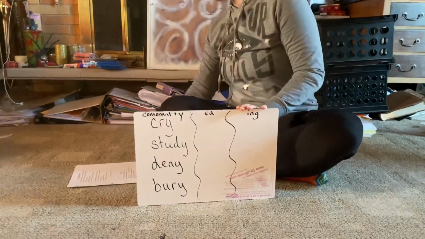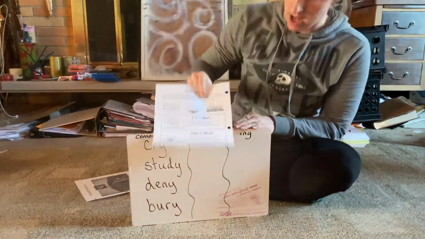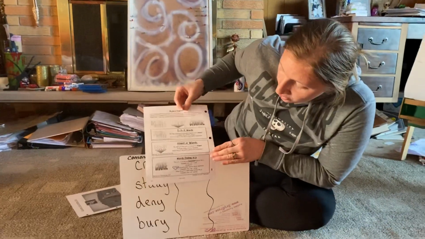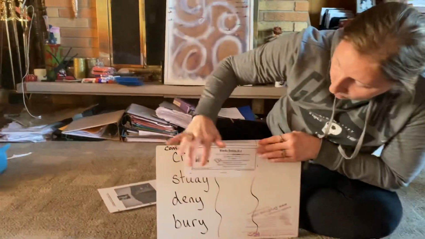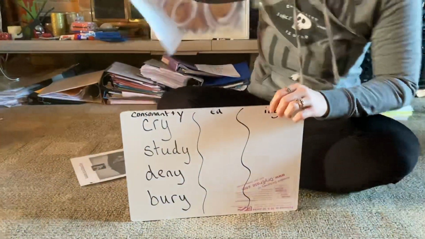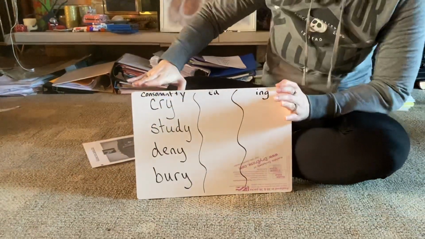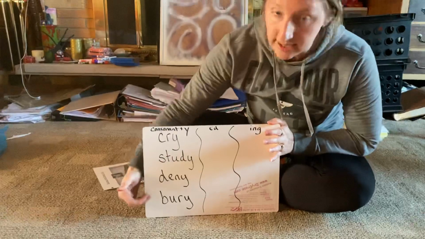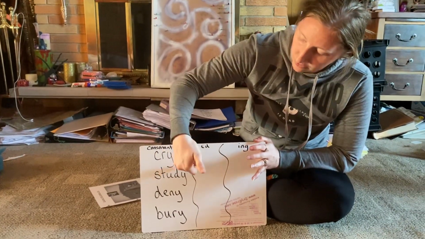This is called our change rule. Words ending in Y will change. And here we're going to talk about some of that rule. I have some words here that end in Y that have a consonant in front of it.